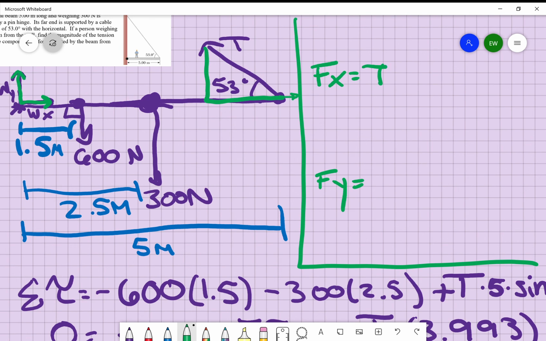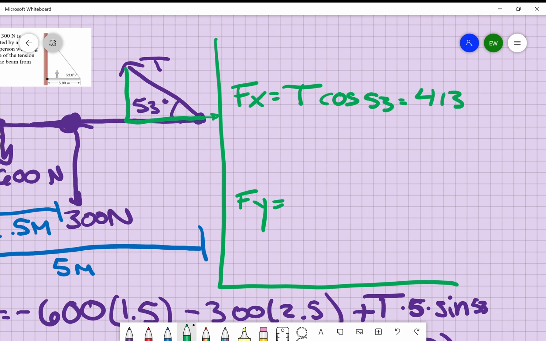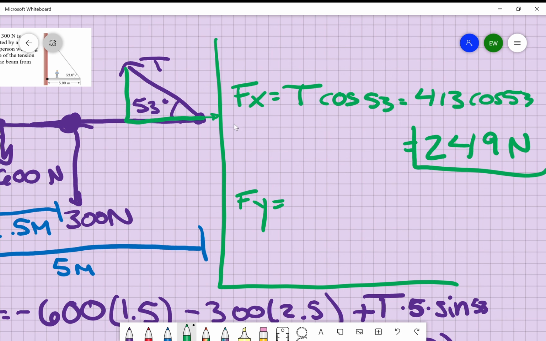It's going to be the tension times cosine of 53. My tension, which I just found, was 413. So 413 times the cosine of 53, and that should be it. About 249 newtons. Woohoo! That's it. That's the only one over there.